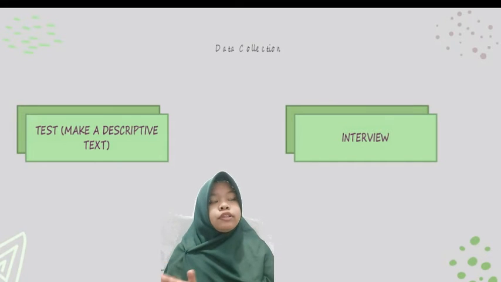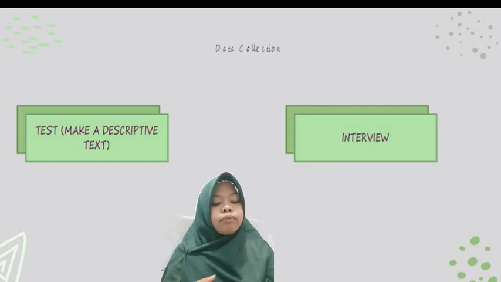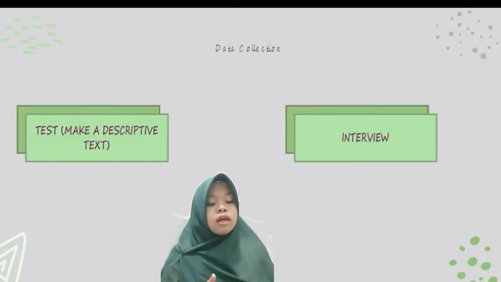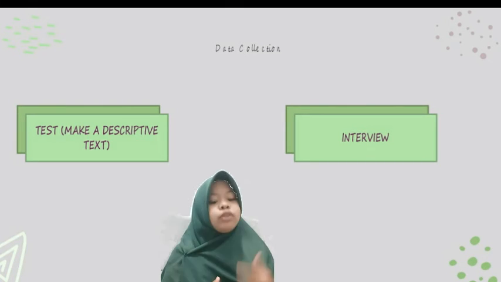And this interview consists of 10 questions about the factors that cause students to make simple present tense error. And the prediction of the interview time is approximately 5 minutes for every student.